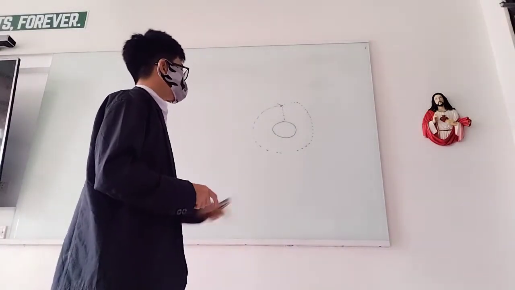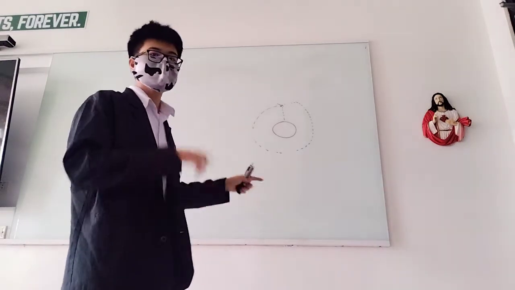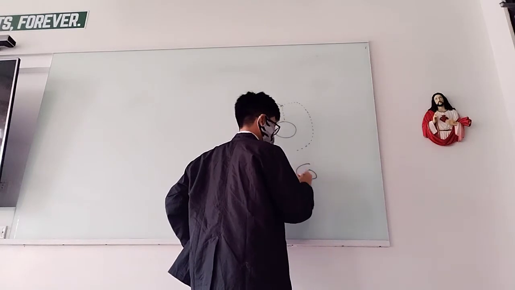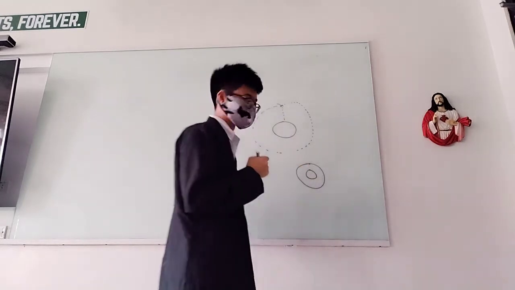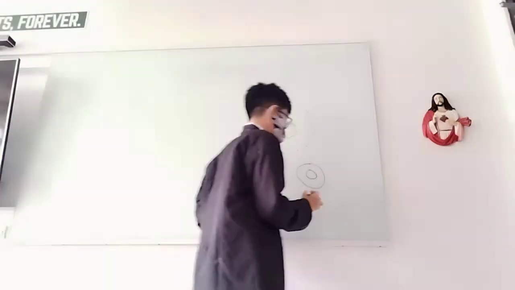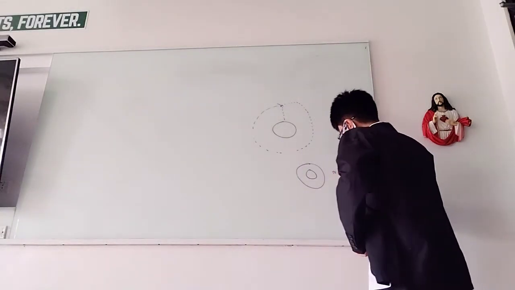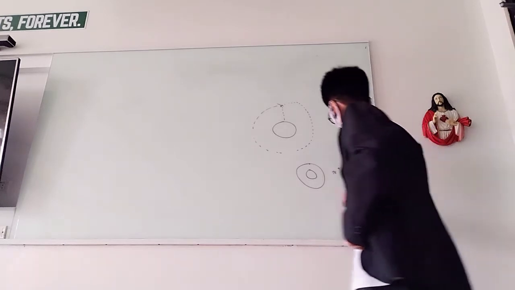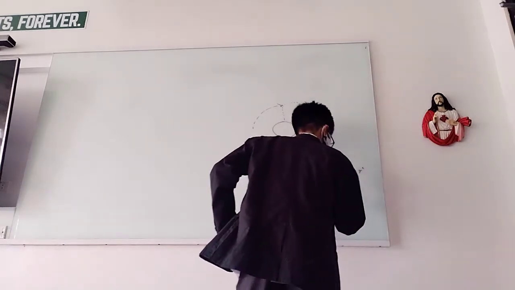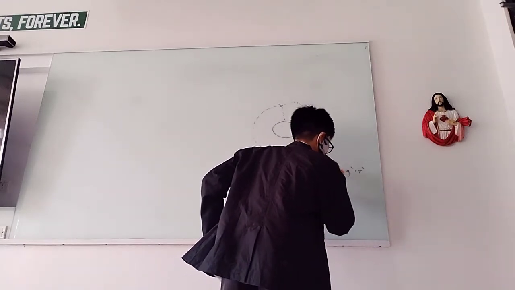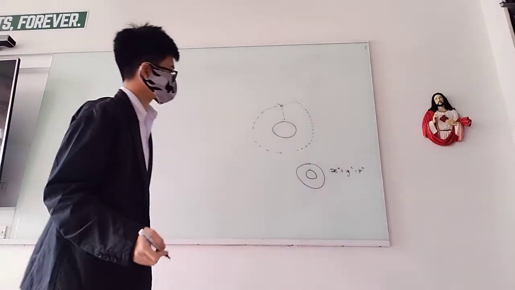Okay, so once you're in orbit, you have a circular or elliptical orbit. There are two types of orbits here. The first type is the one that's very unlikely to happen or very hard to attain, which is a circular orbit. Of course, it's governed by the equation x squared plus y squared equals r squared.